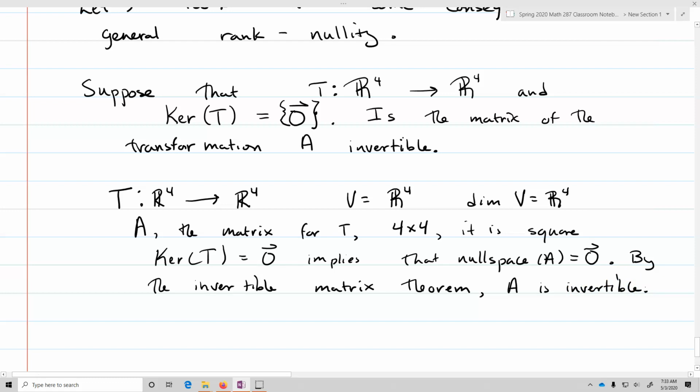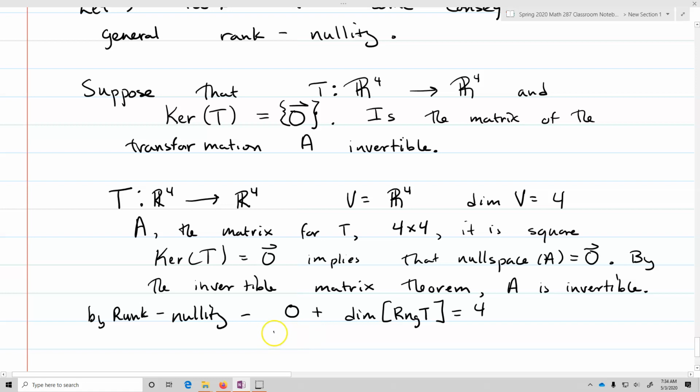We can use rank nullity also to show that the column space of A is going to end up being all of R4, right? So by rank nullity, we have the dimension of the kernel of T, 0, plus the dimension of the range of T will equal the dimension of V, which equals 4.